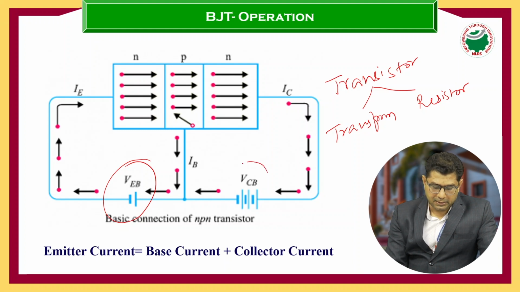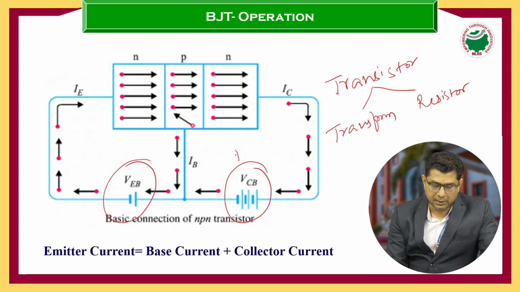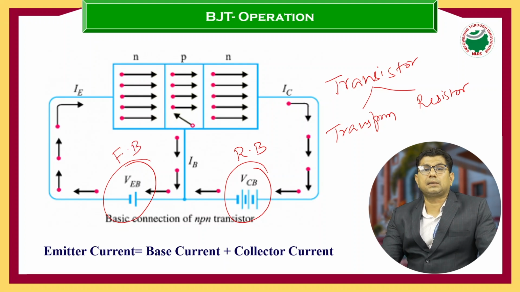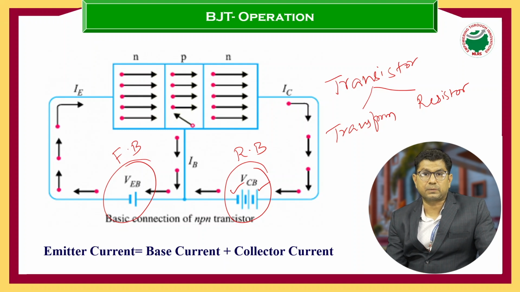Junction 2, the collector base junction, is reverse biased. The emitter base junction is forward biased and the collector base junction is reverse biased. Here the P side is connected to the negative terminal of the battery and the N side is connected to the positive terminal of the battery. That's why this is reverse biased.